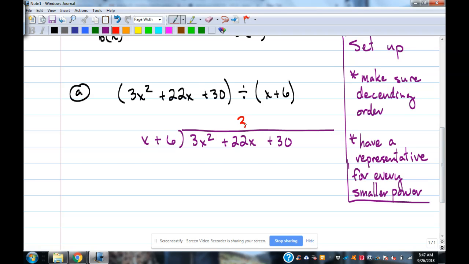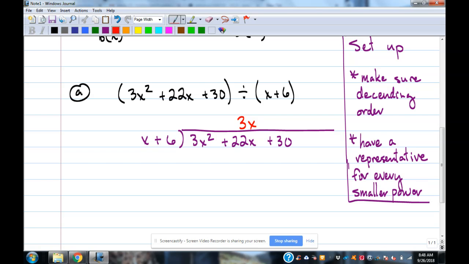That's what we're going to put up here, a 3x. Notice that I put it up above the x term in my polynomial, just keeping things lined up column by column. Now, when we did the long division problem at the beginning with the numbers, what did we do after we wrote that number up here? We multiplied it times the divisor. Up there we said 2 times 4 and wrote the 8 down and did subtraction.